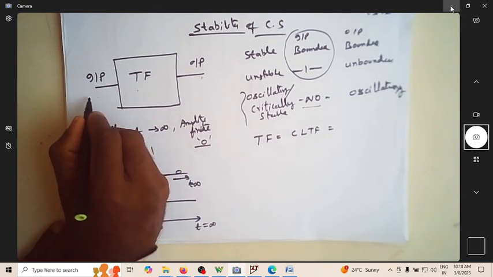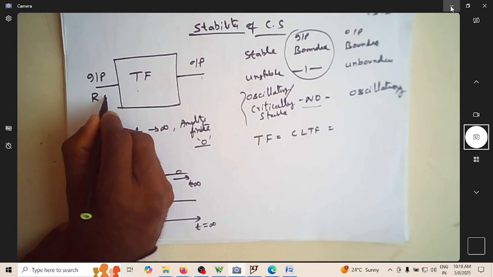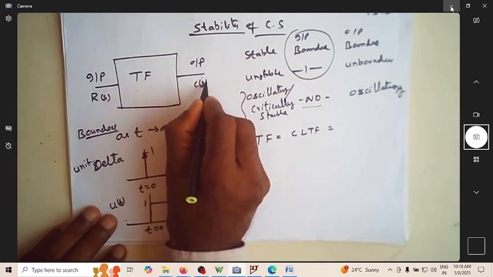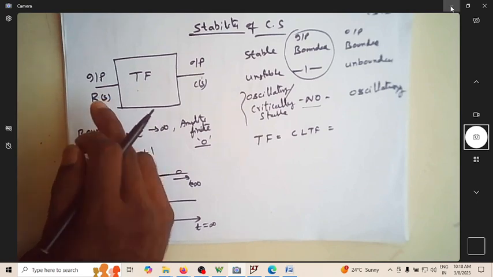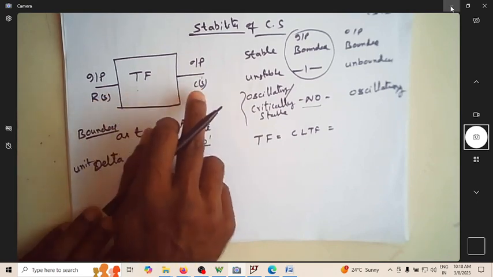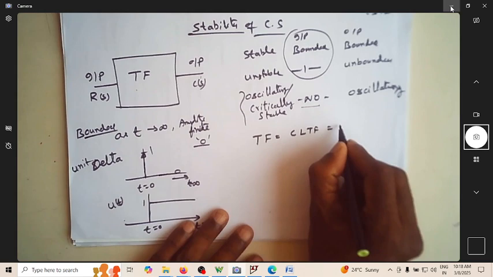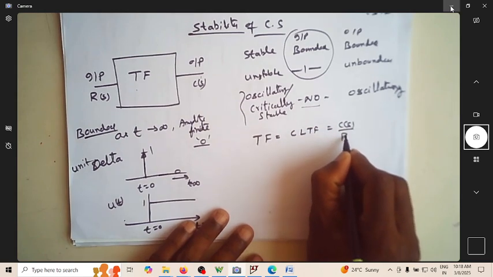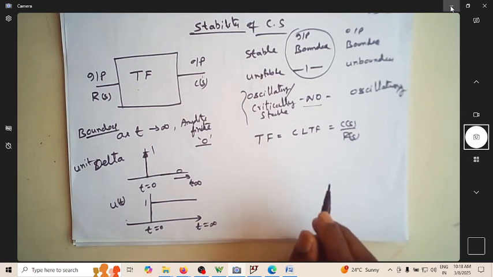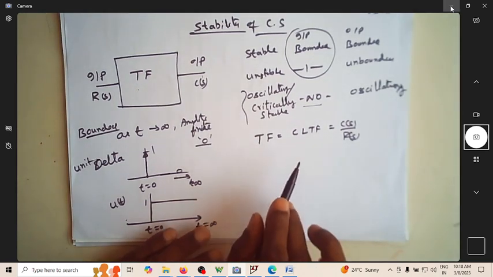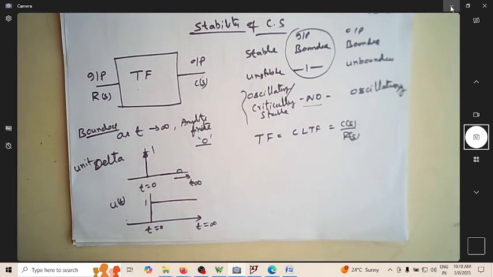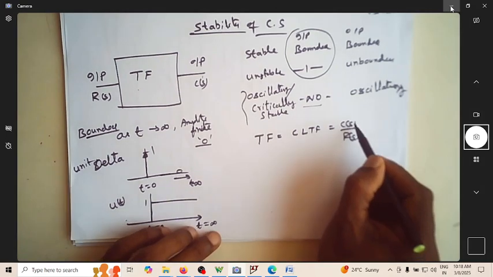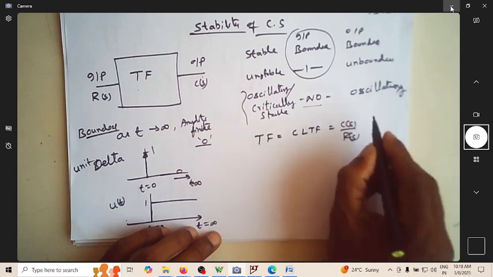We know that the input is R(s) and the output is C(s). Why am I writing it as R(s)? It is the Laplace of the input, and C(s) is the Laplace of the output. The transfer function is C(s) by R(s), because that's what we define. What is the transfer function of a system? The transfer function of a system is Laplace of output by Laplace of input.